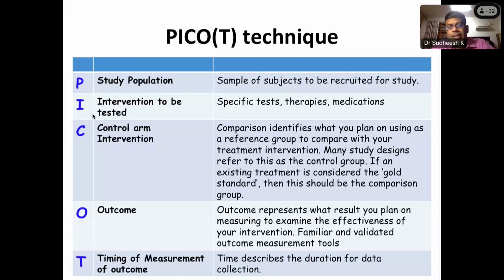But if you are doing it in the post-operative period, or you are finding out the incidence of hypotension in the 3rd month or 5th month or something like that, then you have to specifically mention that in the research question. So a research question should contain population, intervention, control, outcome and timing, that is PICOT. It should contain all the PICOT elements.